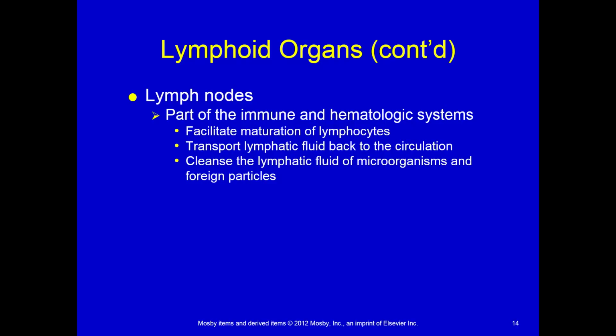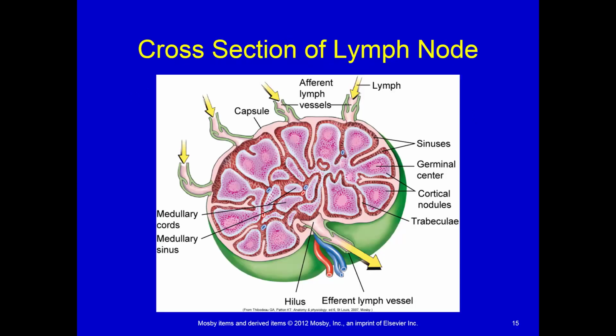So increased lymphocytes and increased fluid is what causes lymph nodes to enlarge during some type of acute infection. And if you look here at the cross section of a lymph node, hopefully that enlargement and swelling should become pretty apparent to you.